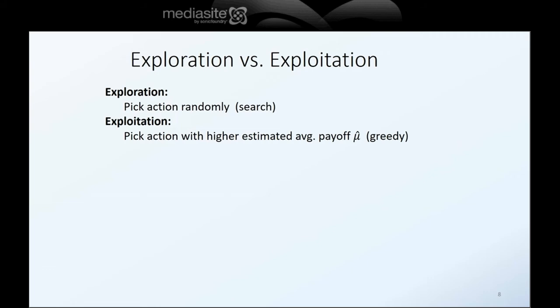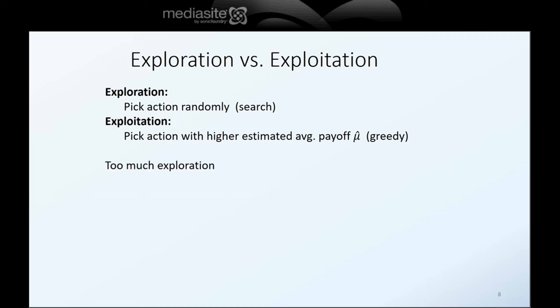And remember, mu hat could be quite different from mu if sigma is high. And just because mu1 could be more than mu2 doesn't mean that mu1 hat could be more than mu2 hat. You could be wrong. So the more number of times you collect samples, the more number of times you hit both levers, the better will be the estimation mu hat of mu.